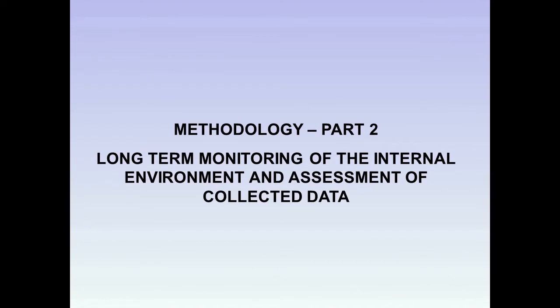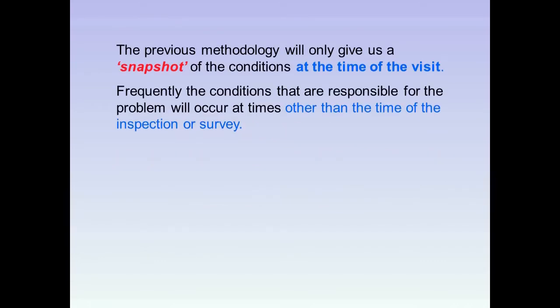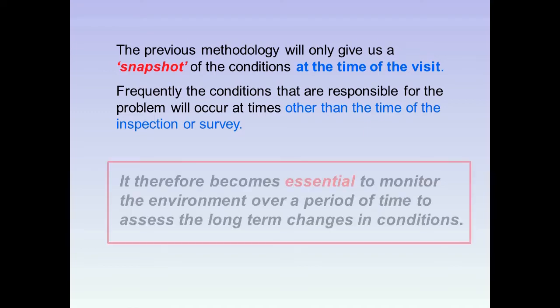Long-term monitoring of the internal environment and assessment of collected data. Well, the previous methodology we've just looked at will only give us a snapshot of the conditions at the time of the visit. But frequently the conditions that are responsible for the problem will occur at times other than the time of the actual inspection or survey.